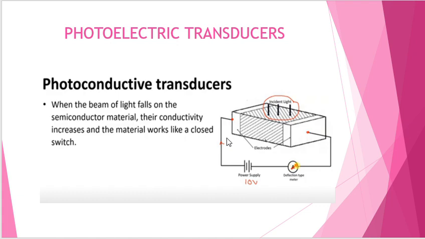The side with the electrons is the N side, and the other side is the P side, which means we will have holes here. This way the positive and negative current can flow. As soon as the current starts flowing, we can either connect a load directly or use it to charge a battery. So that's how a photovoltaic cell works.